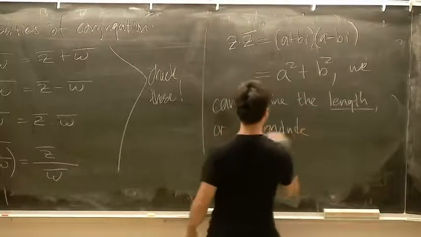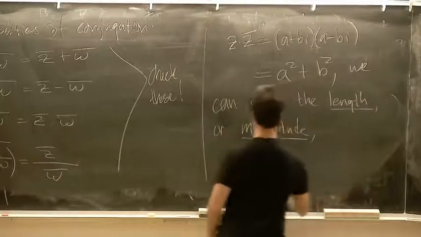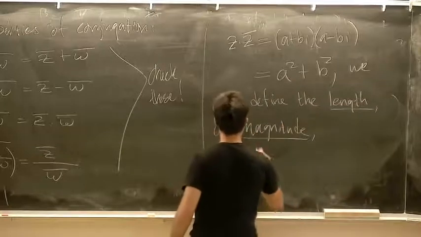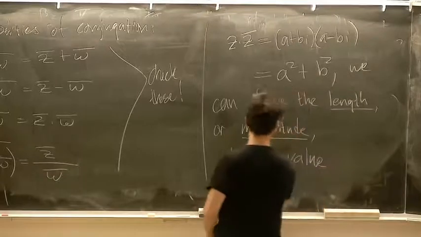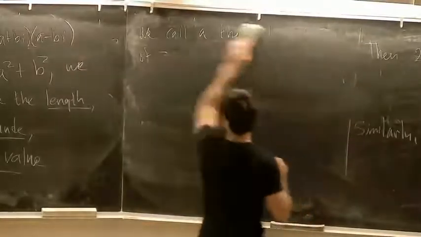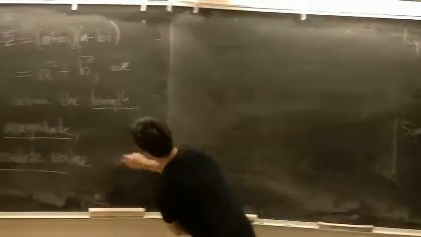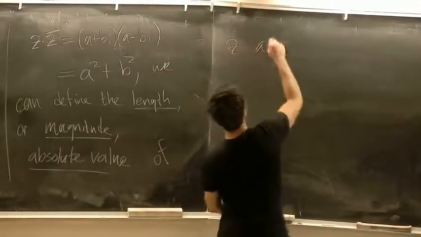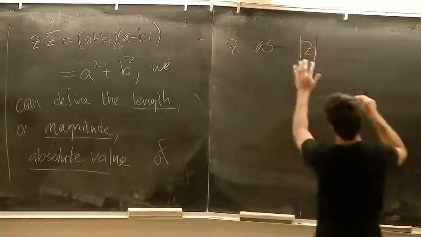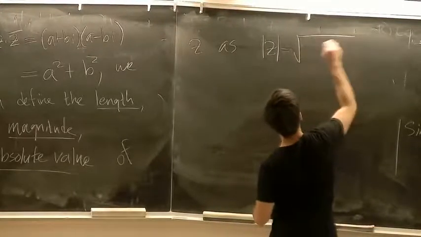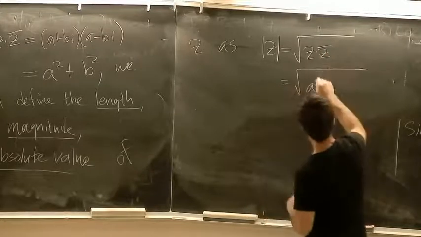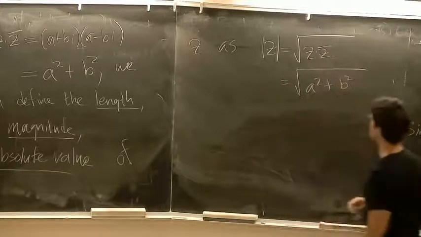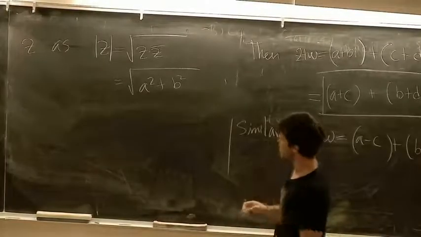Sometimes people call it length, sometimes magnitude, sometimes absolute value, which I think is a good name because, in a very real way, it represents the distance of a number from the origin. We write it with the absolute value symbols around z, and it's the square root of z times z bar. So that's the square root of a squared plus b squared.